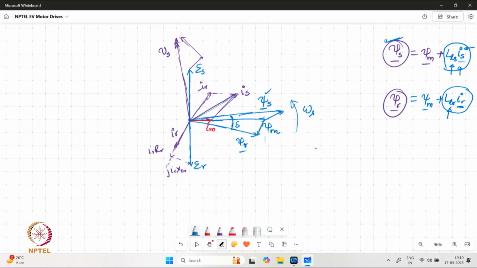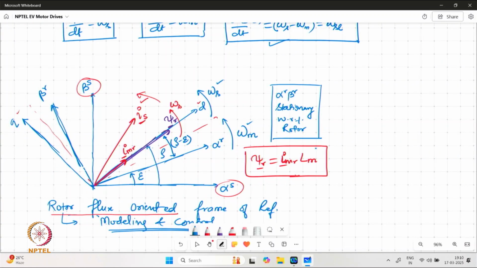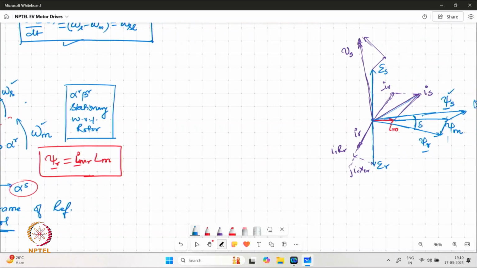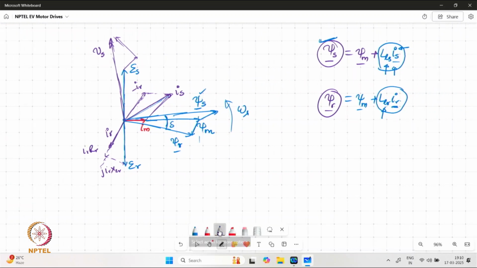Now referring to the previous frame of reference which we had drawn, we have said that psi r is oriented along the d axis, and then all other axes can be worked out. So if we project that dq axis on this phasor representation, we have the d axis along psi r, and of course the q axis is orthogonal to the d axis, and this frame of reference is rotating with omega s.